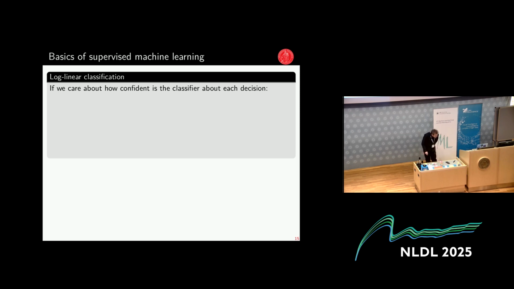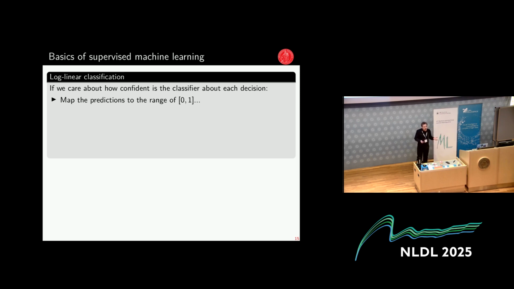Sometimes we can also care not only about what is the correct class, but also how probable this class is. So how confident our classifier is about its decision. So we might be interested not only in what is the correct language of this document, but also how probable it is that the language of this document is, say, English or Norwegian.